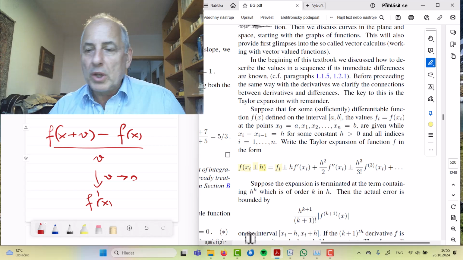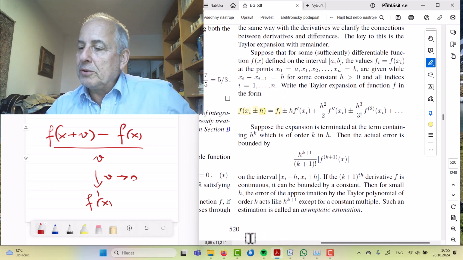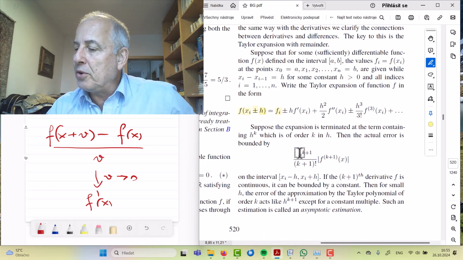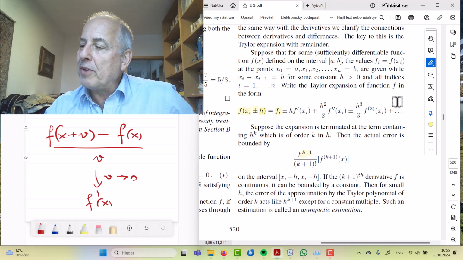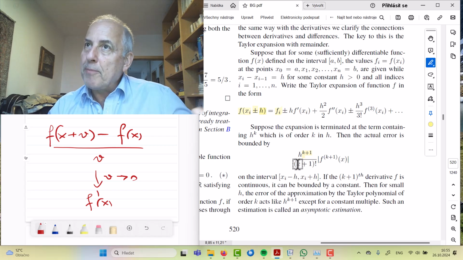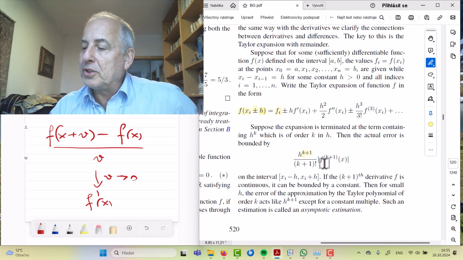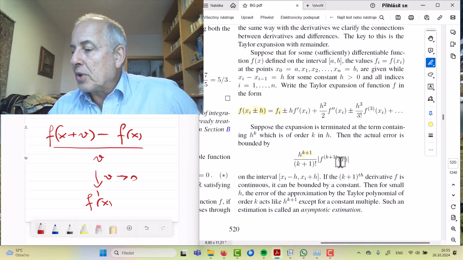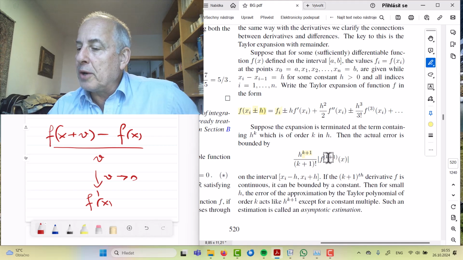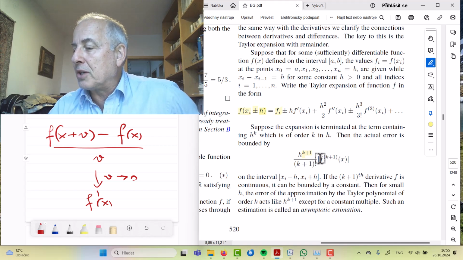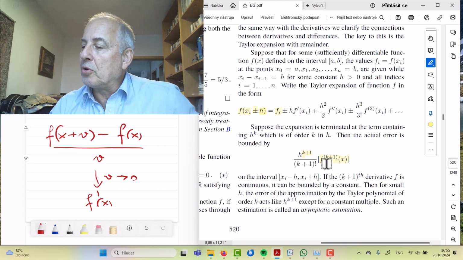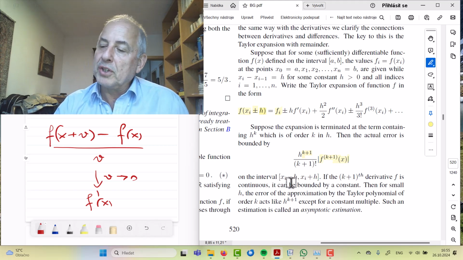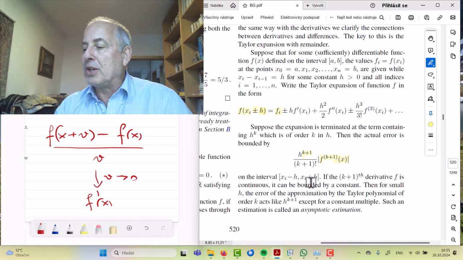And so we can have a look at what the remainder will be, and we know what it is. If we write the expansion up to the kth power of h this way, then the (k+1)st term will be the remainder, except the remainder will not be at the original point x_i, but we shall have to take, say, the maximum or the bound for the (k+1)st derivative over the whole interval of interest, x_i minus h to x_i plus h, right?